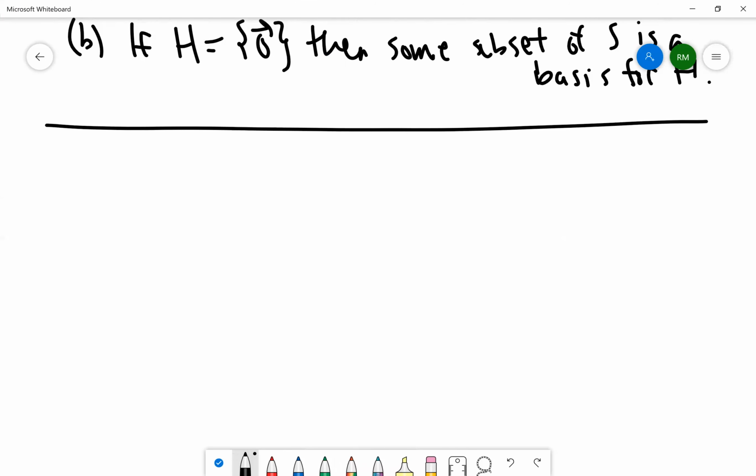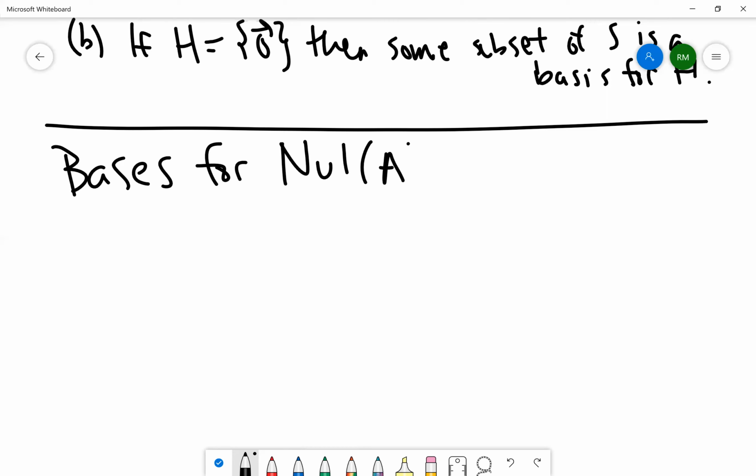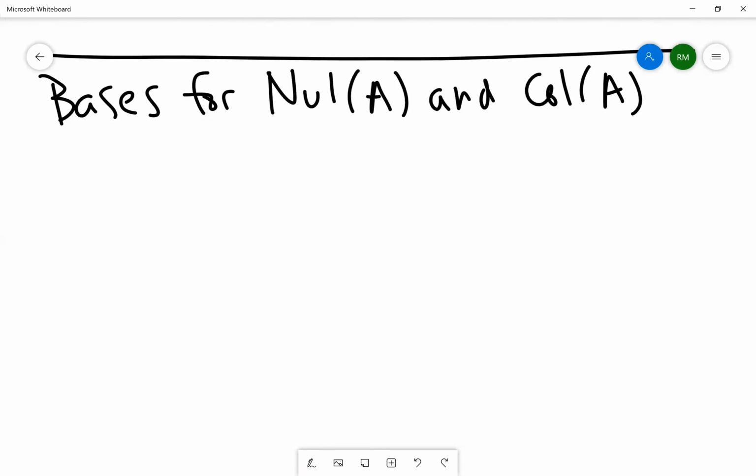All right, so now we're going to go back to looking at the bases for the null space of a matrix and the column space of a matrix. You've done work with this before, but it's always good to revisit these ideas now that you have a better understanding of the vector spaces involved.